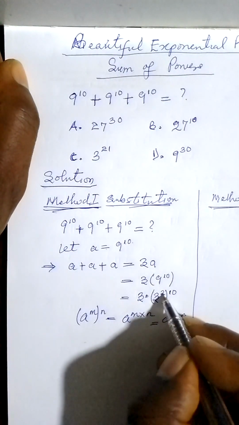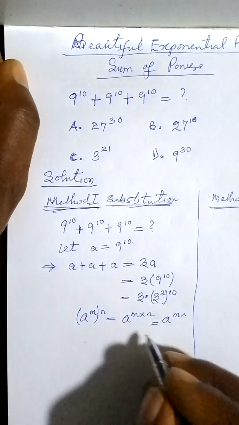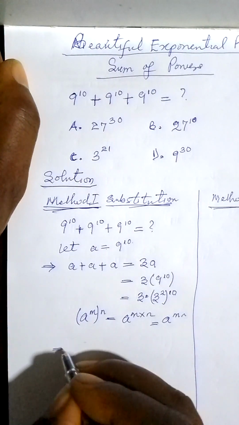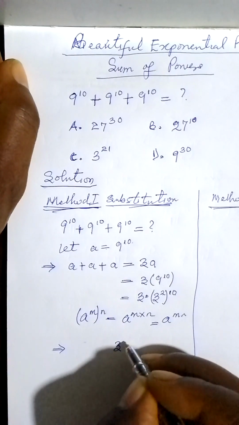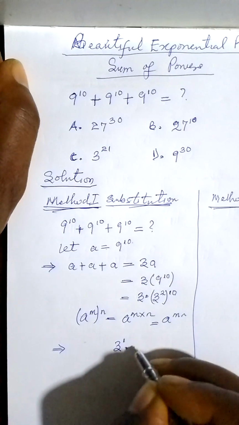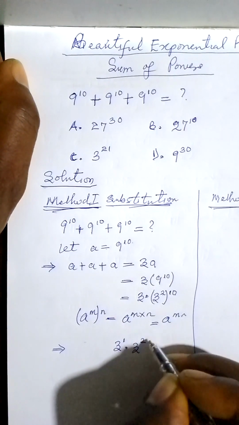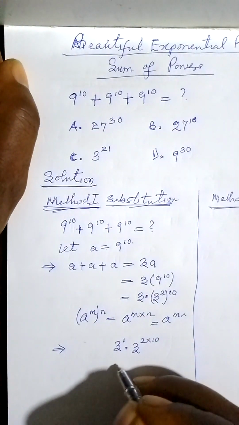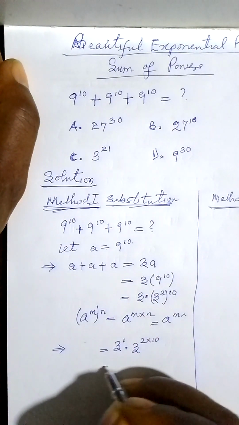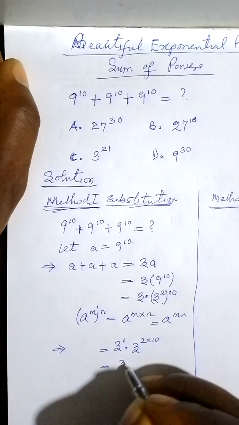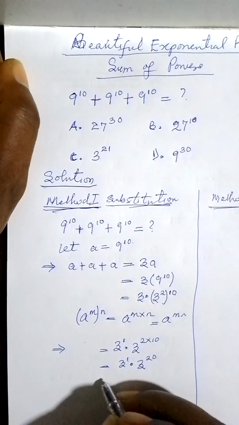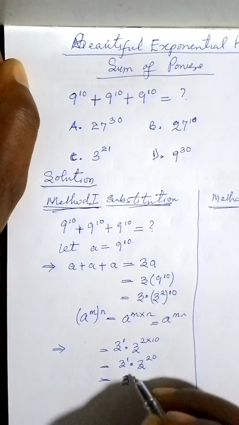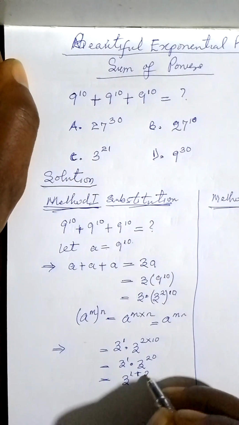So the 2 and the 10 will multiply each other, and so we are going to have the problem to be 3 to the power of 1 multiplied by 3 to the power of 2 multiplied by 10, and then of course this will give me 3 to the power of 1 times 3 to the power of 20, and then I'll have 3 to the power of 1 plus 20.